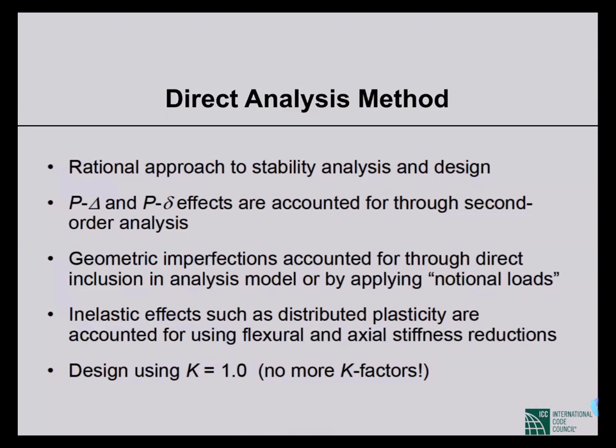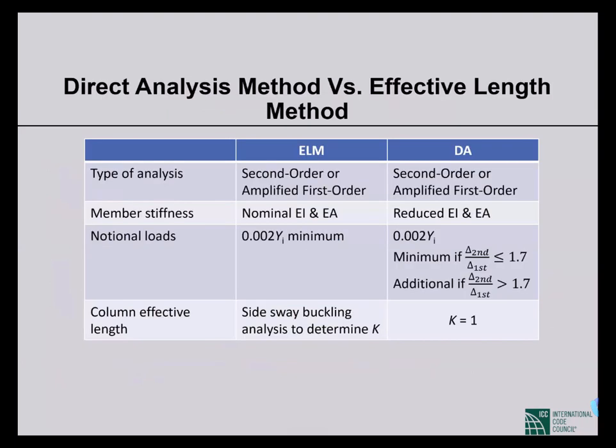So if we compare, the major difference is that in effective length method, nominal EI and EA, the flexural and axial stiffness values, are used. In DA, we reduce them. Notional loads: originally in effective length method until 1989, there was no concept of notional load.